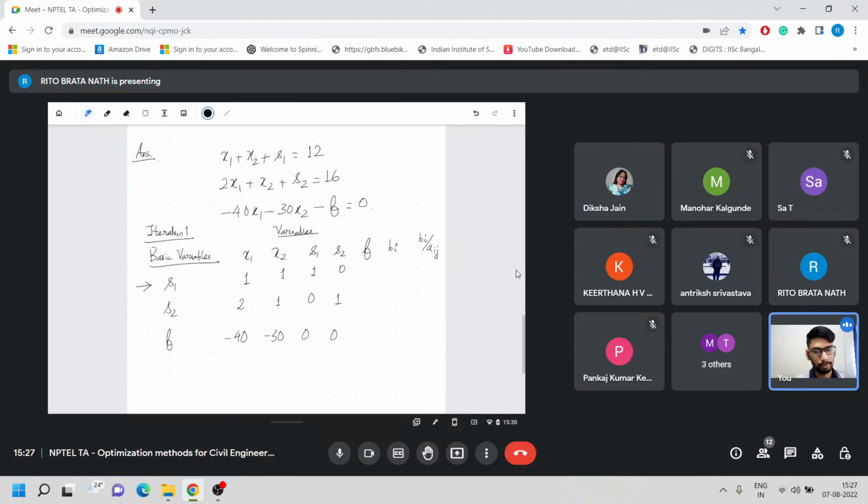No, why is it 12? This is the coefficient of f. So can you tell me now? No, this f column, what will it have?